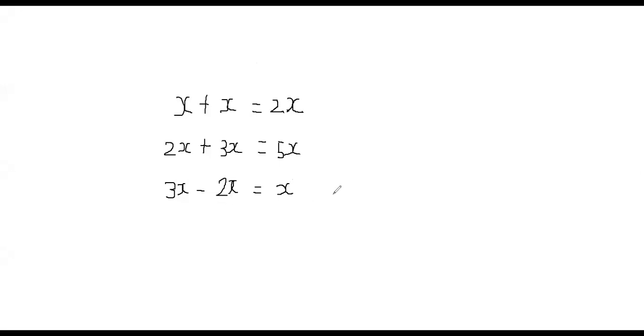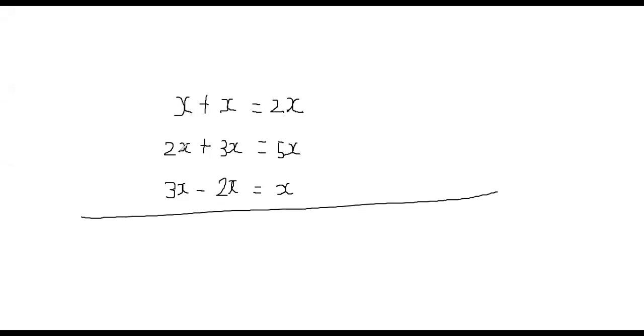Understood? Because we know 3 minus 2 will give us 1, and then we just include the x. It's like 1x. In this case, we just say x because it is understood that 1 is in front here, so we don't usually mention it, right? Good. Moving on.